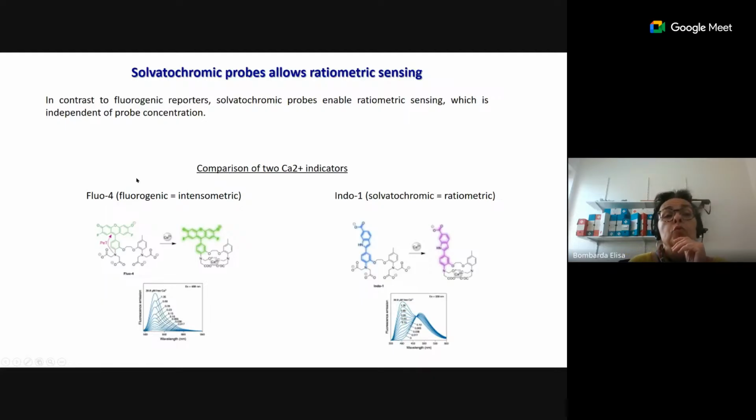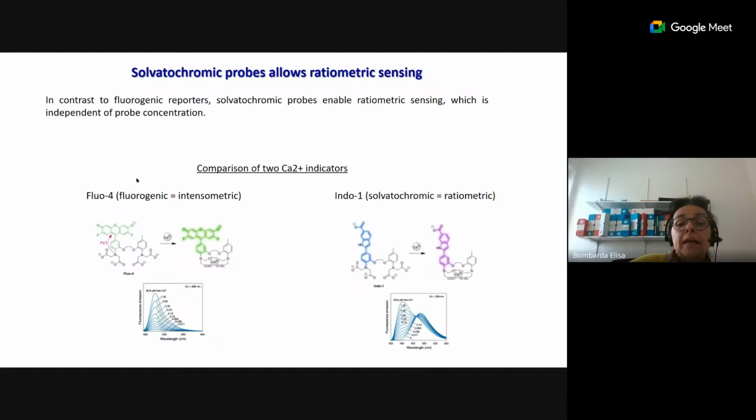In contrast to fluorogenic reporters, which we saw are characterized by an increase of fluorescence, off-on, so they are switched on by the mechanism that we want to study, the solvatochromic probes enable ratiometric sensing.